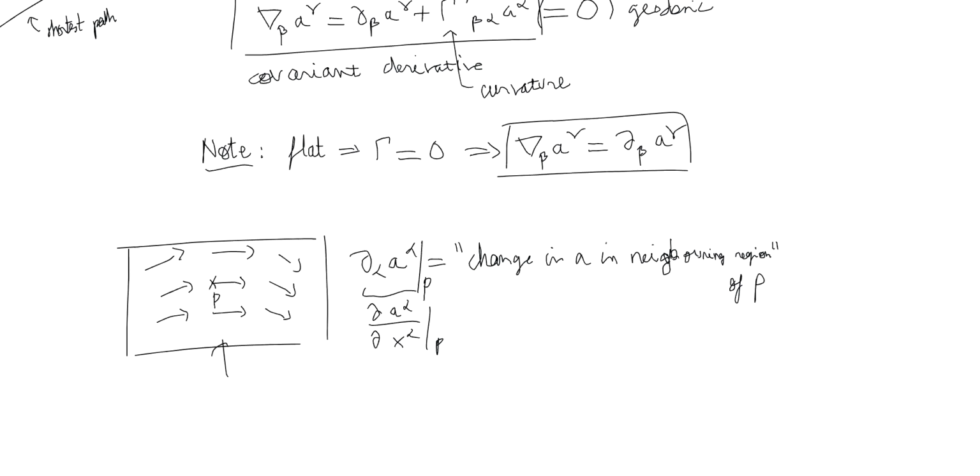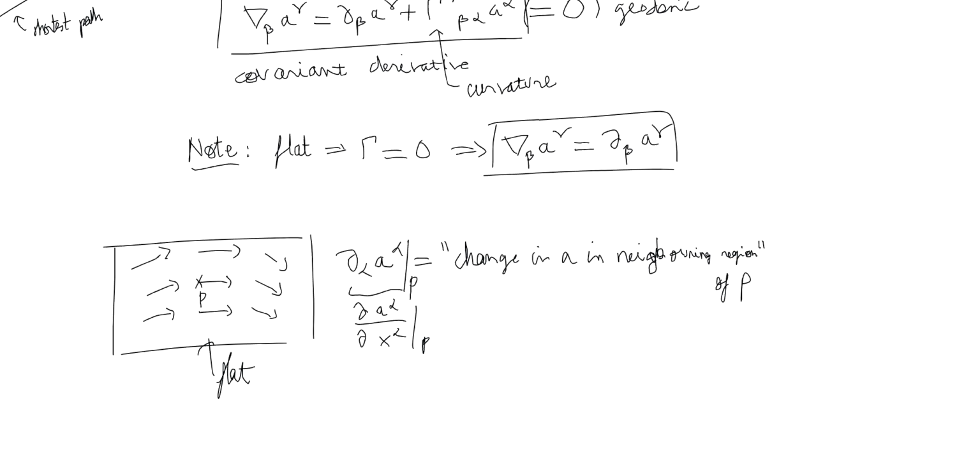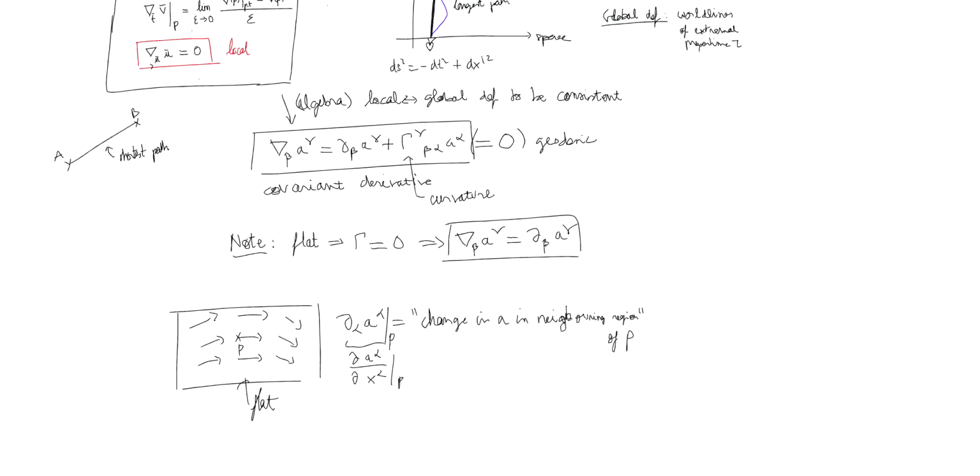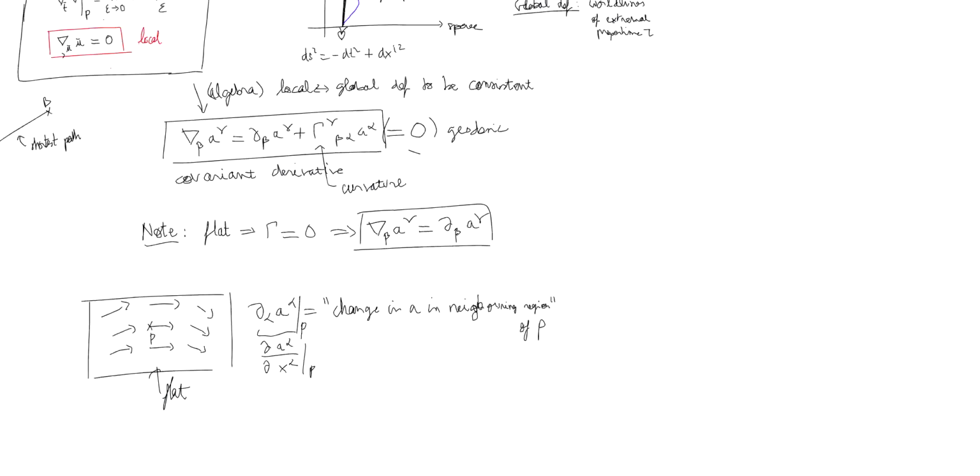Now we have a curved spacetime. So we see that the covariant derivative accounts for curved spacetime through the Christoffel symbol. If we have a flat spacetime, the Christoffel symbol vanishes, and we find that the covariant derivative is just the partial derivative, which expresses the rate of change in a vector field in its neighborhood.